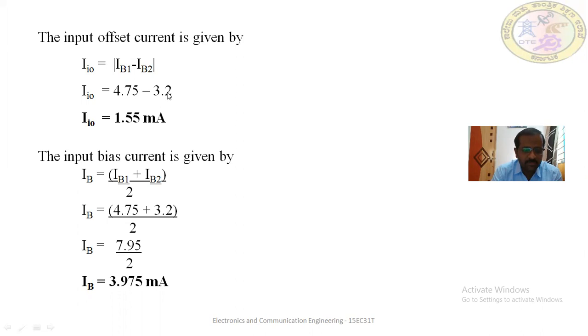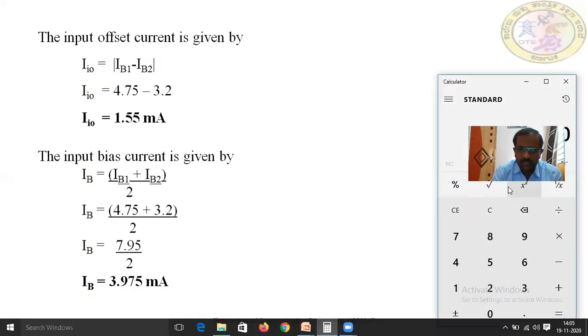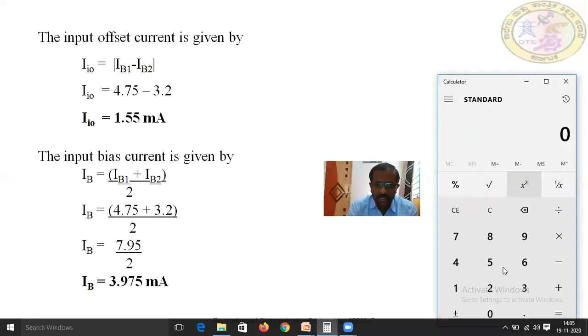And if it is calculated, you can use the calculator here. It is 4.75 minus 3.2, so you are going to get 1.55 milliamps.